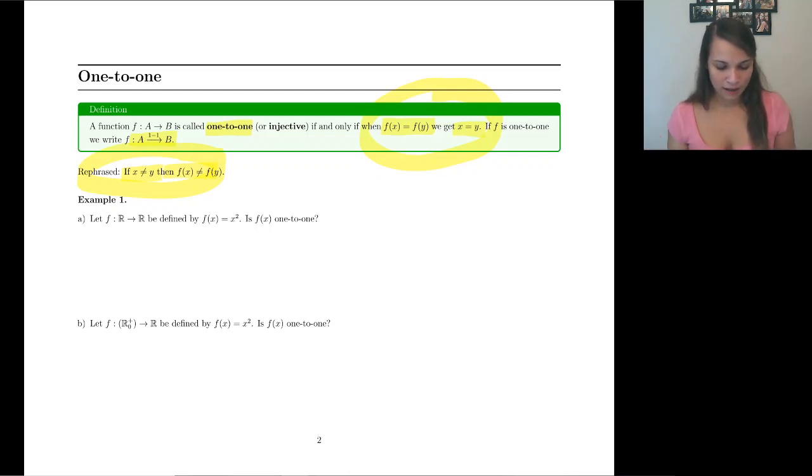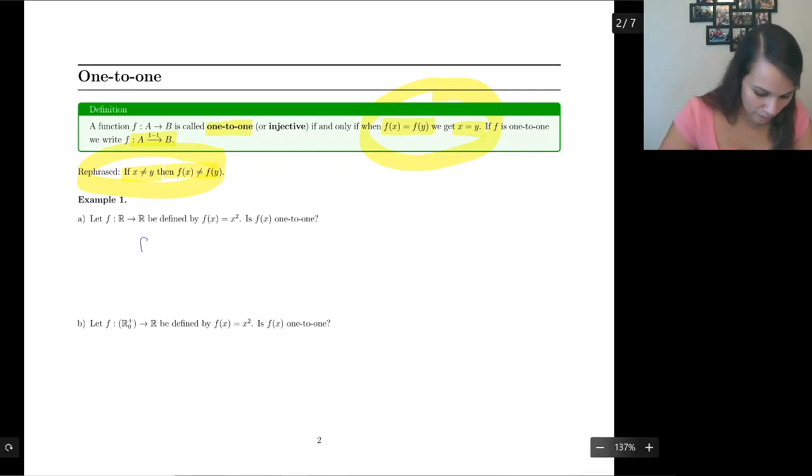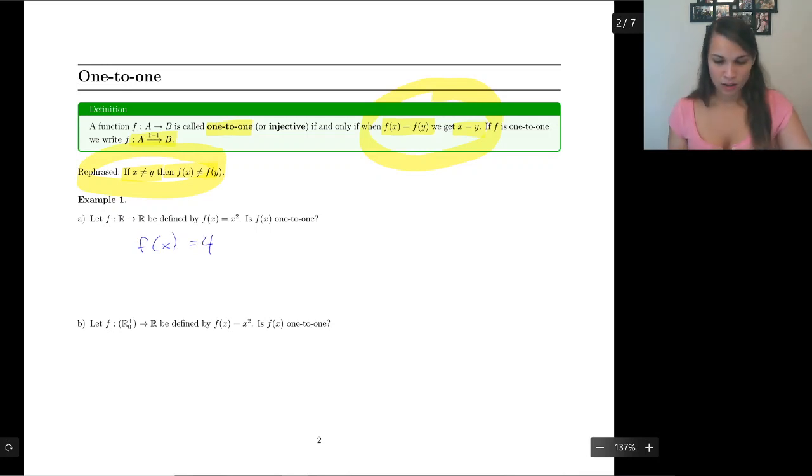So we've got f, a function going from R to R. It is defined by f of x equals x squared. Is f one-to-one? Let's think about f of x equal to 4. Is there only one thing that we can try plugging in to get 4?